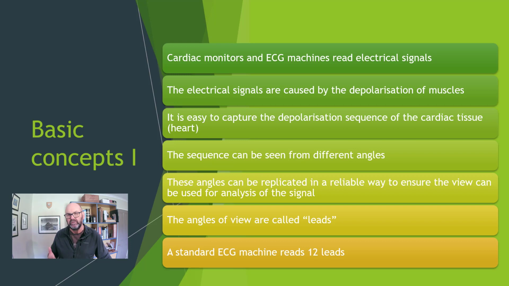It's merely being viewed from different angles. You might liken this to photographing your car from different angles. The front may appear different from the back, but if it's a good day, it's still going to be the same car. Careful placement of the electrodes ensures that the various angles of view are consistent from patient to patient. So from the clinician's perspective, this is going to allow for reliable interpretation of the waveform.